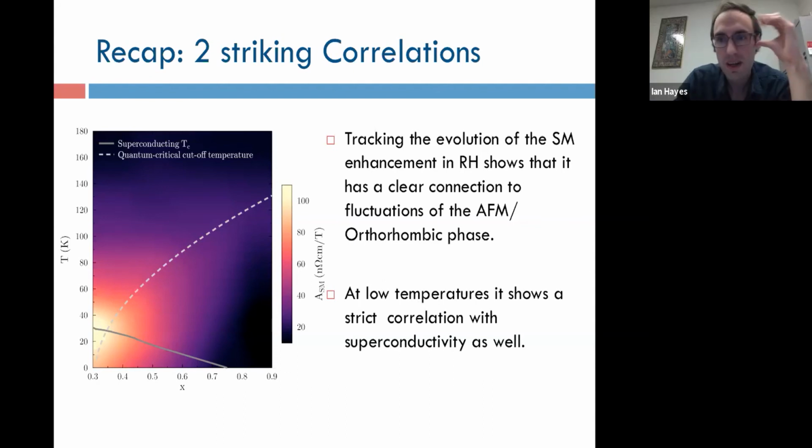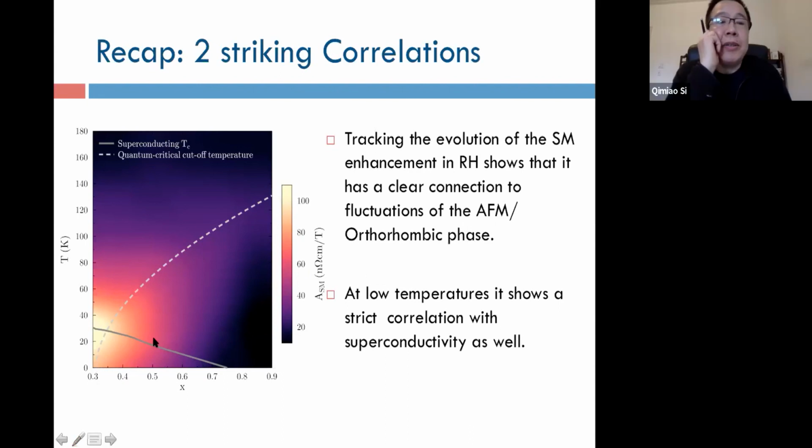Yeah, to me, what's most striking here is that it doesn't seem to sharpen up totally, that no matter how low you go in temperature, there's some finite width here, which seems to characterize the superconducting dome. Which might be related to the truncation of the quantum criticality on the temperature axis.